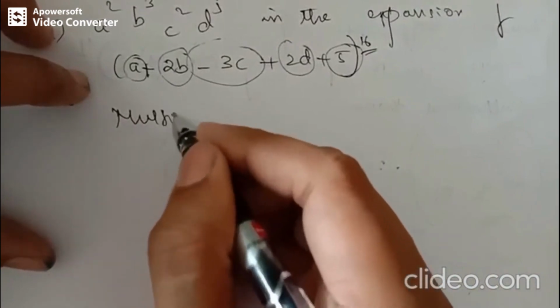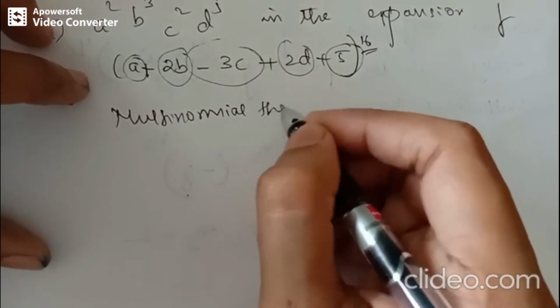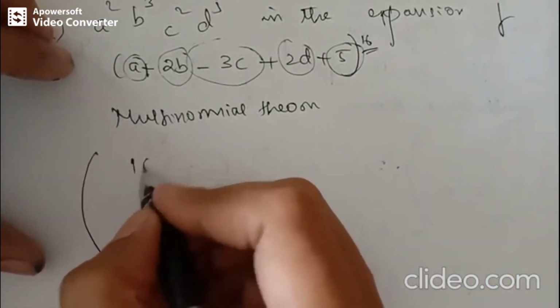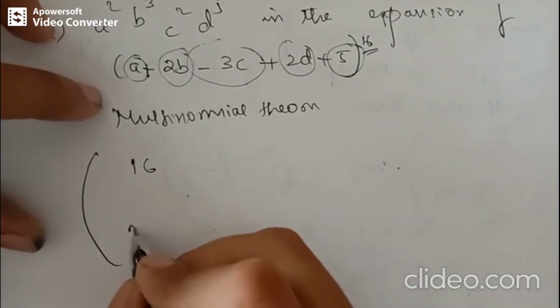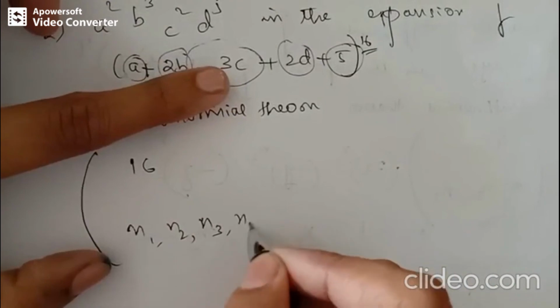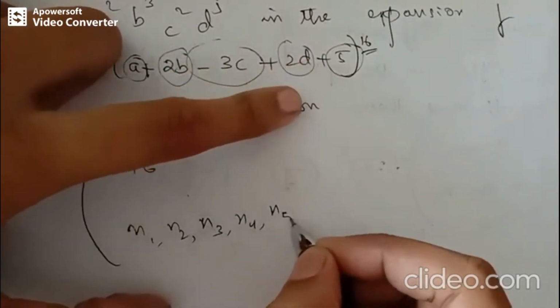So according to the multinomial theorem, it will be n, what is the value of n here? 16 into n1. How many terms are there? There are 5 terms basically. And these are the values of x1, x2, x3, x4 and x5.